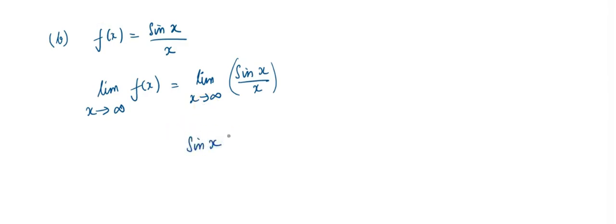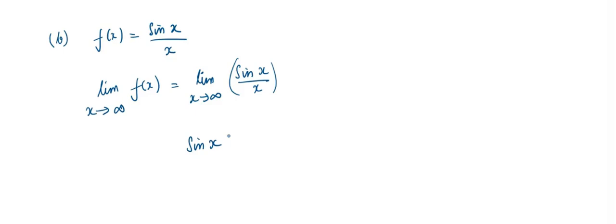In order to utilize the squeeze theorem, we need to see what those two functions are that will squeeze this in, right? So we want something that will squeeze this function from above and below. We can't right away have a visual of such functions, so we'll always start with very basic information. Basic information we have is sine x, right?